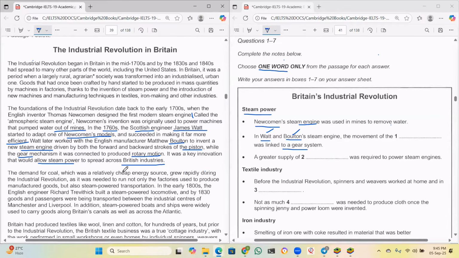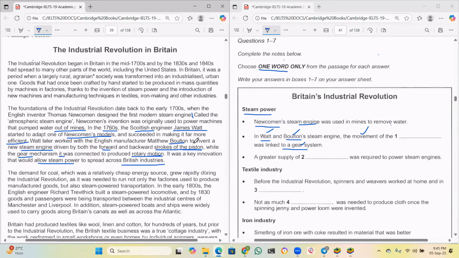So, we have read something. Now, what was the question? In the steam engine, the movement of the dash was linked to the gear system. Where was the movement? I think I read it here. Watt later worked with Boulton to invent a new steam engine driven by both the forward and backward strokes of the piston, while the gear system was connected to produce rotary motion.